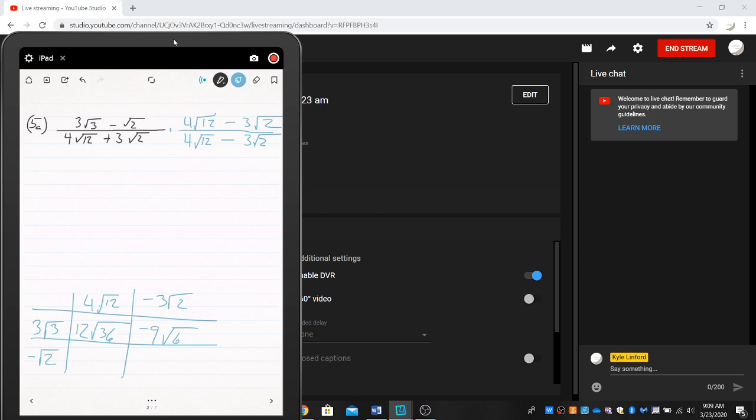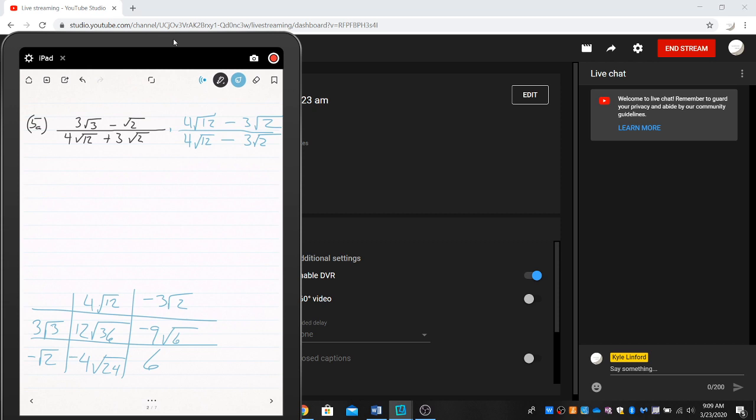Now negative root 2 times 4 root 12. Negative and 4 make negative 4, and root 2 and root 12 make root 24. And then negative root 2 times negative 3 root 2. Negative and negative makes positive 3, and root 2 and root 2 makes 2. So for this one we can quickly simplify it to just 6. Now that's our numerator.